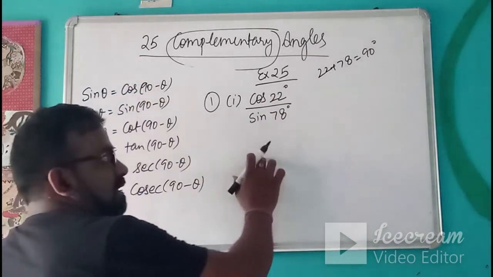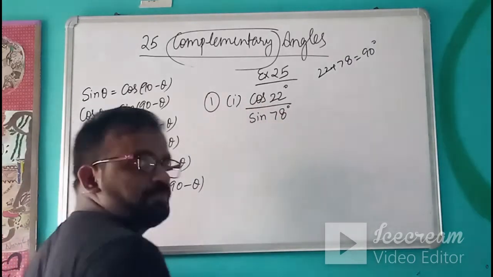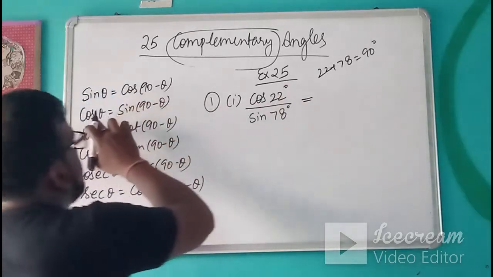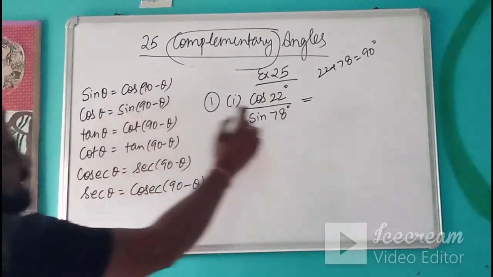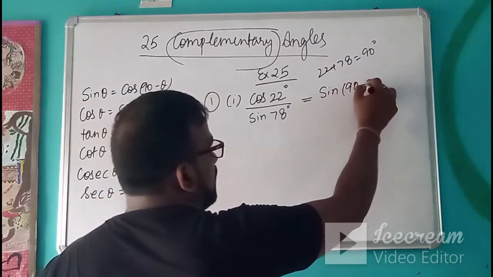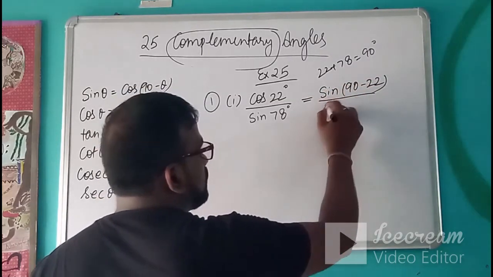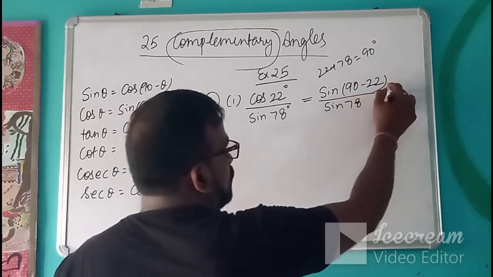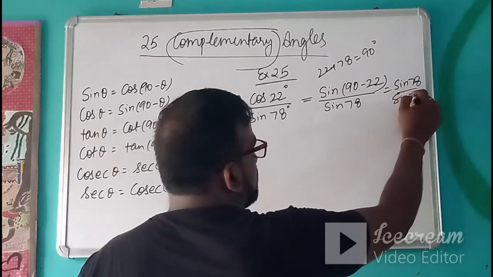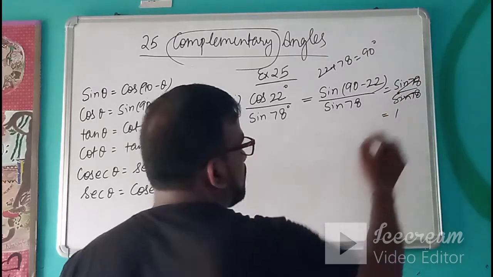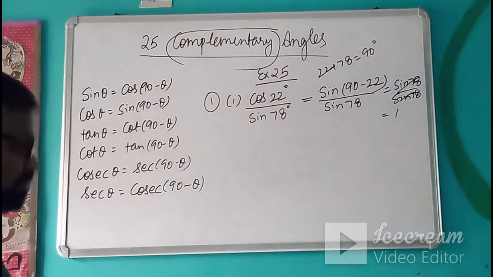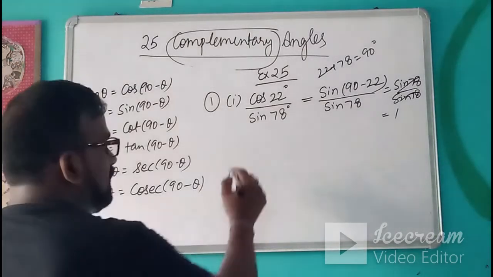So you will replace either cos or sin. Suppose you want to replace cos. What is cos theta? Cos theta is sin of 90 minus theta. So I will replace it like this, 90 minus theta. So what you will get? Sin 78 upon sin 78, they both will cancel, answer will be 1. Okay, so you will replace only one complementary angle.